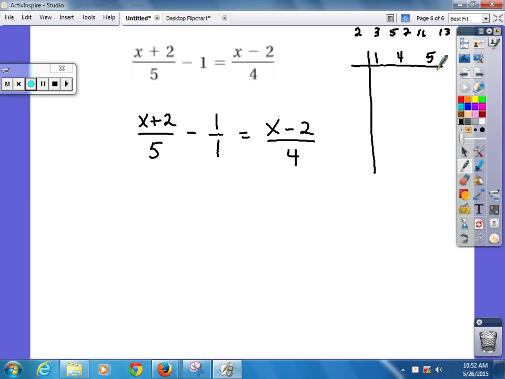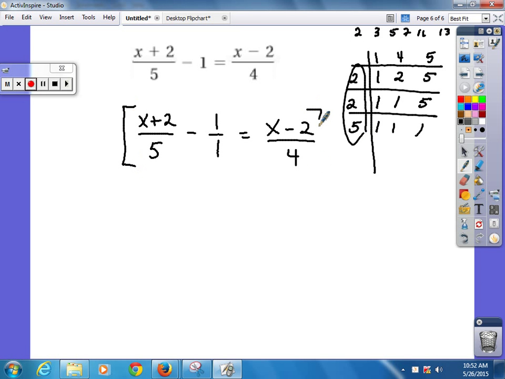Then go find the common denominator. So I'm going to divide by 2. I get a 1, a 2, a 5. Divide by 2. I get a 1, a 1, a 5. Divide by 5. I get a 1, 1, 1. What's 4 times 5? 20. And you're multiplying by 20 over 1.